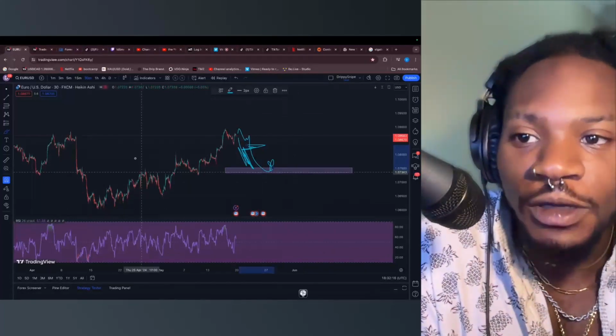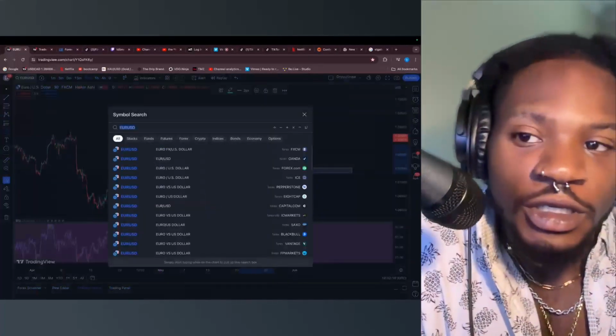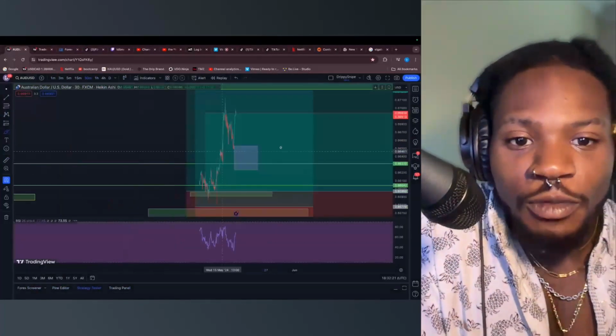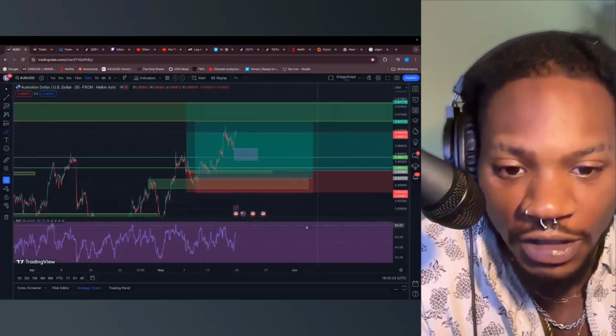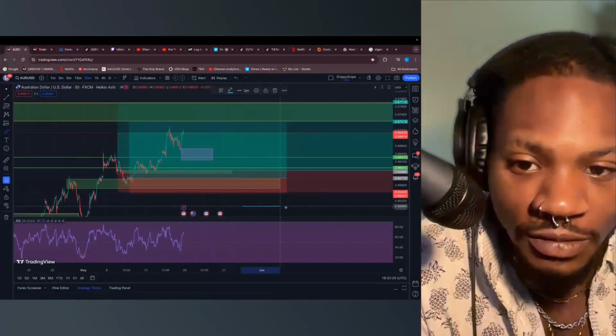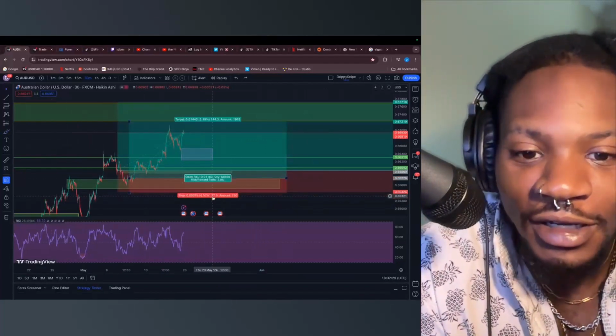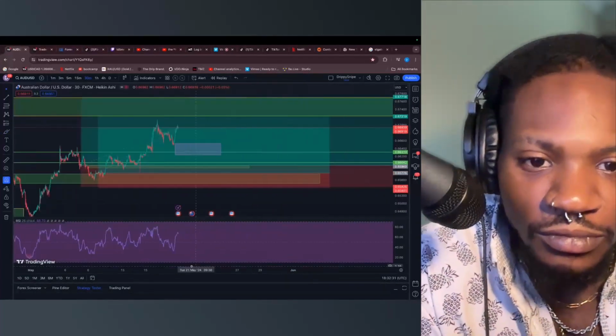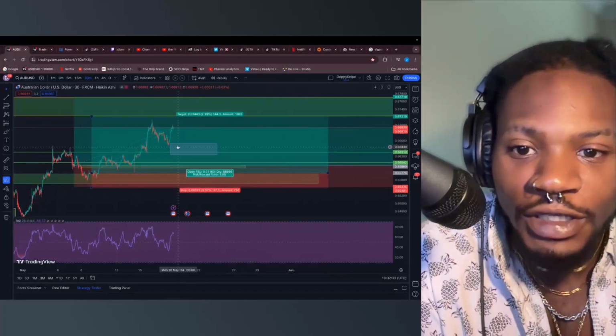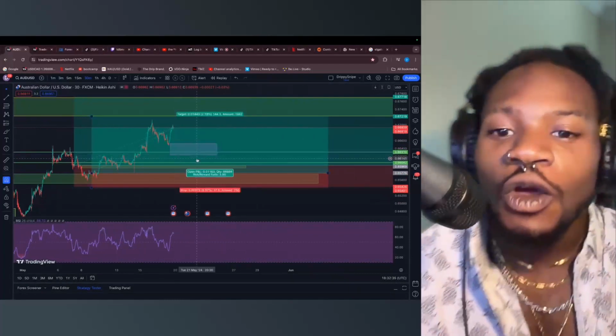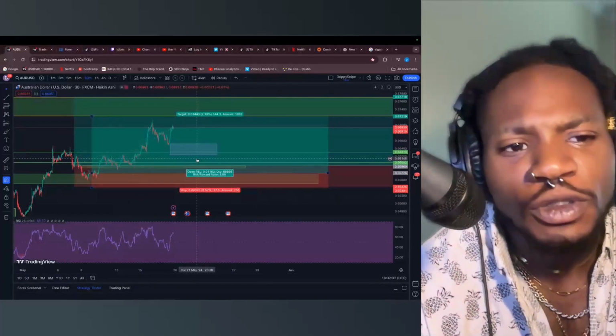And then, like I said, pretty similar on the Aussie. I'll be looking for her to trade down in these areas. Any lower would show a little bit too much weakness.